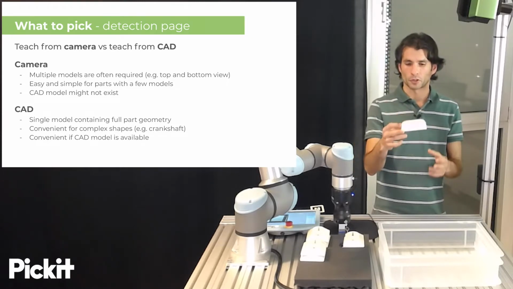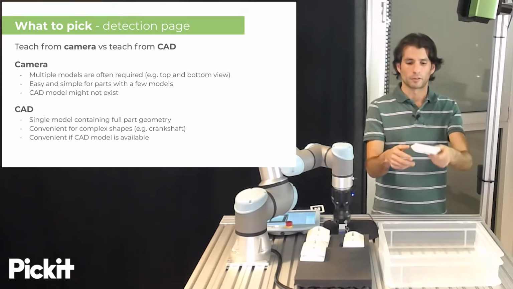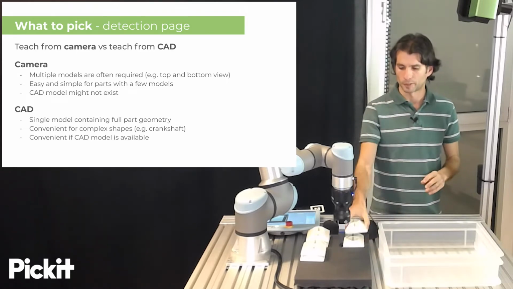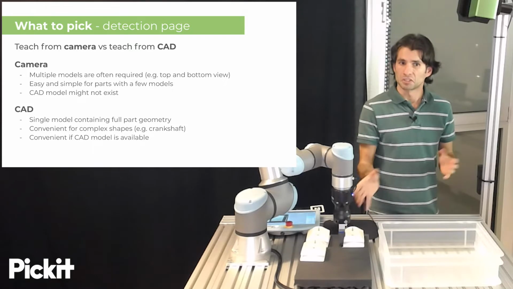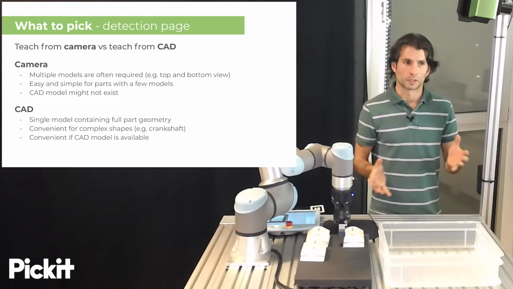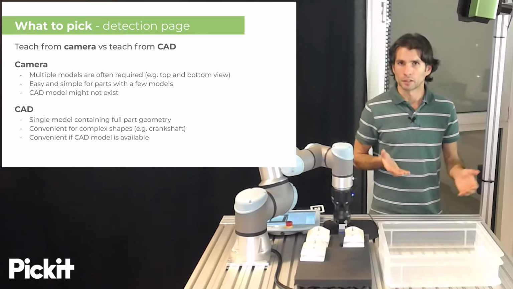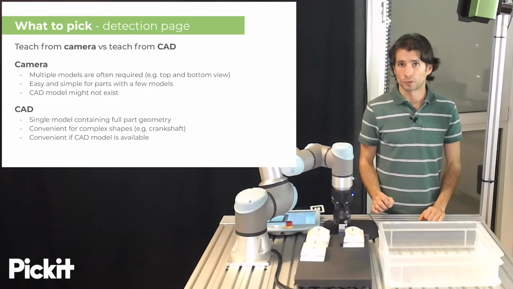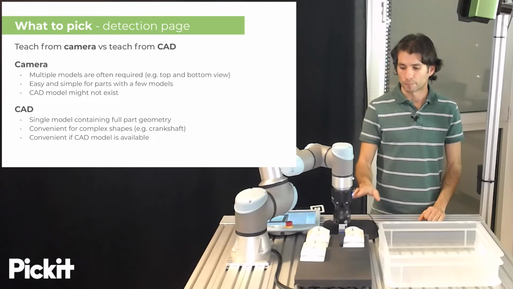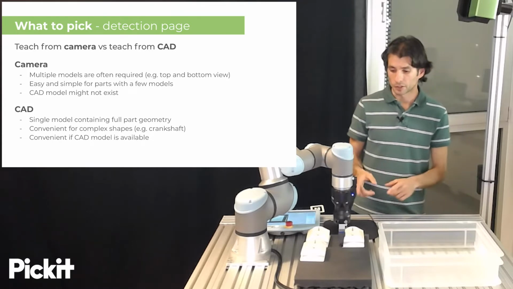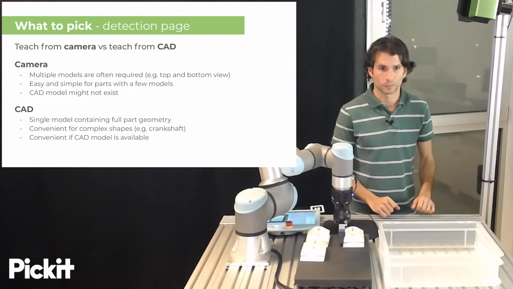For instance, for this socket, there's a clear top and bottom part, so we would have to teach two models for this part. Teaching from camera is easy and simple when we have parts that require somewhere between 1 and 3 models to teach. But this is especially useful when you have parts where a CAD model does not exist, because in these cases, teaching from camera is your only option.